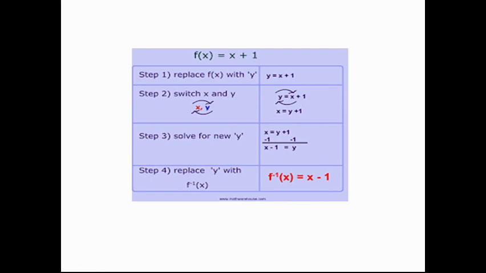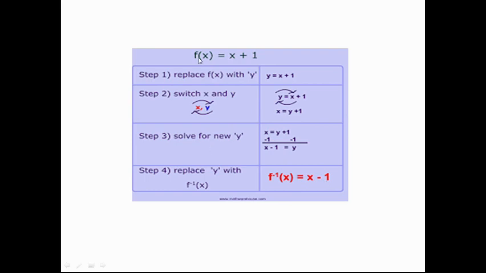And when you get y equals x minus 1, the fourth step is to replace y with f inverse of x. So f inverse of x is equal to x minus 1.